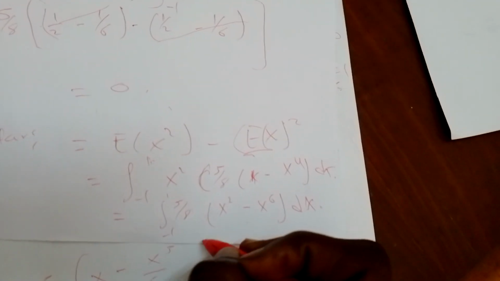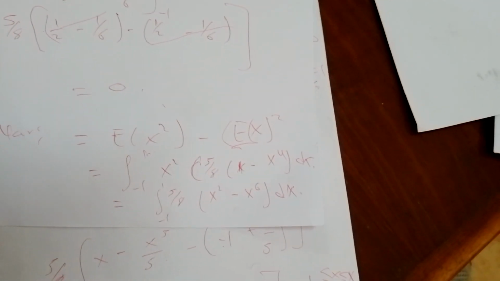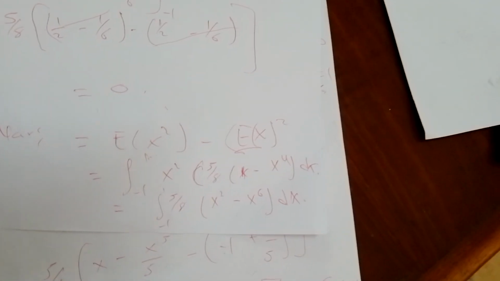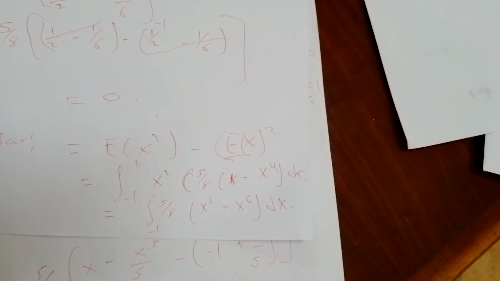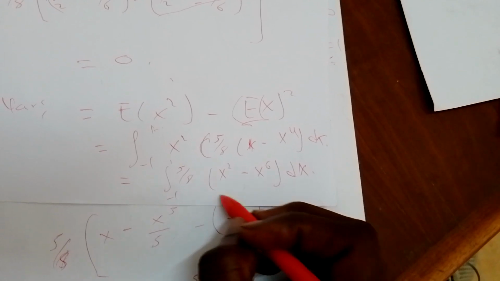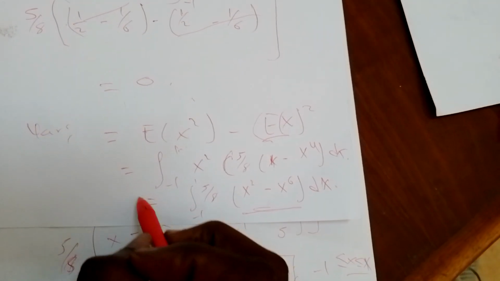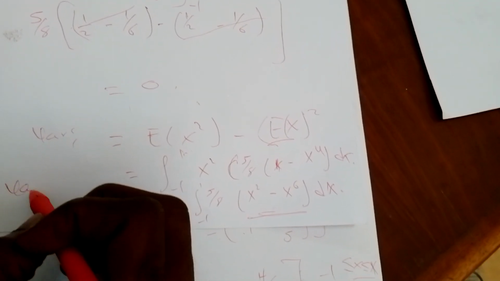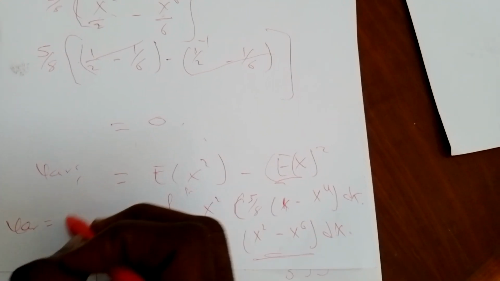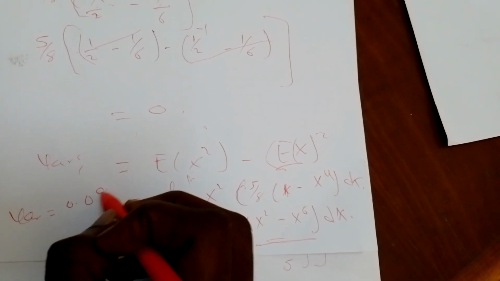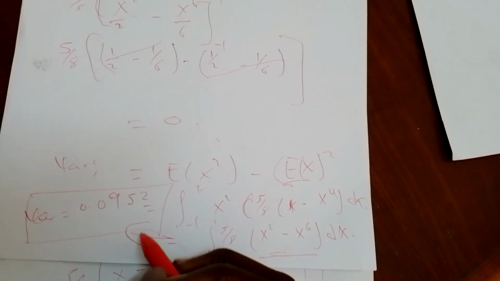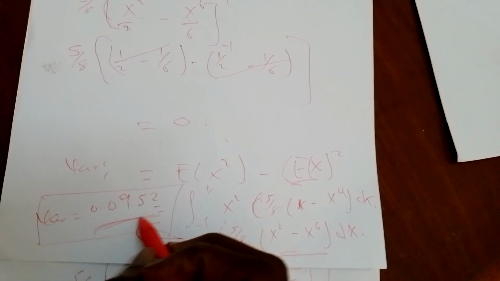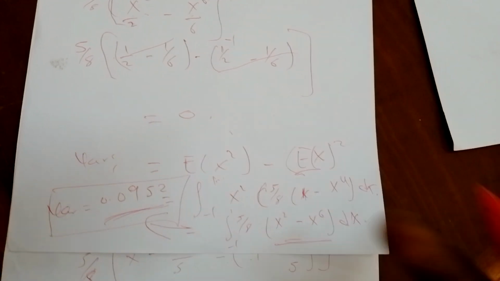So this one you can follow the same integration technique we used. You would find that your variance would be equal to 0.0952. But if you find something different, you can put it in the comments and I'll check it out. So you get 0.0952, or you can just use your calculator to confirm.